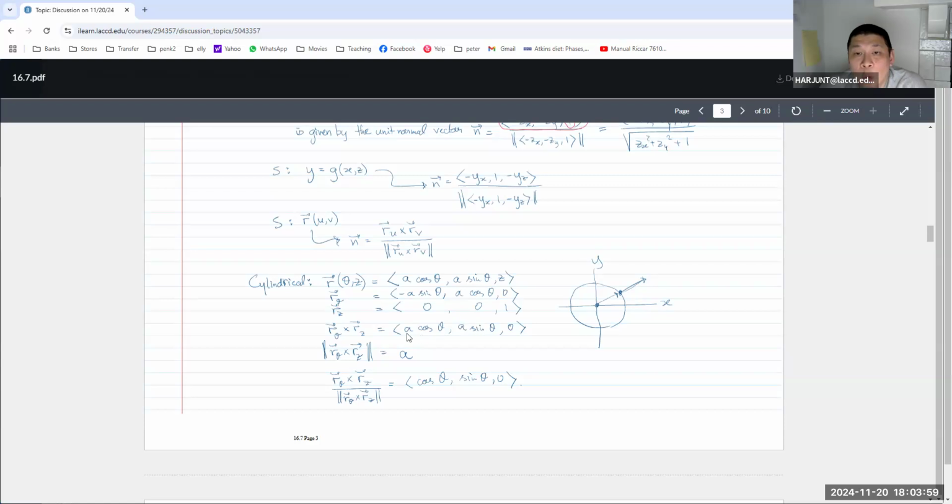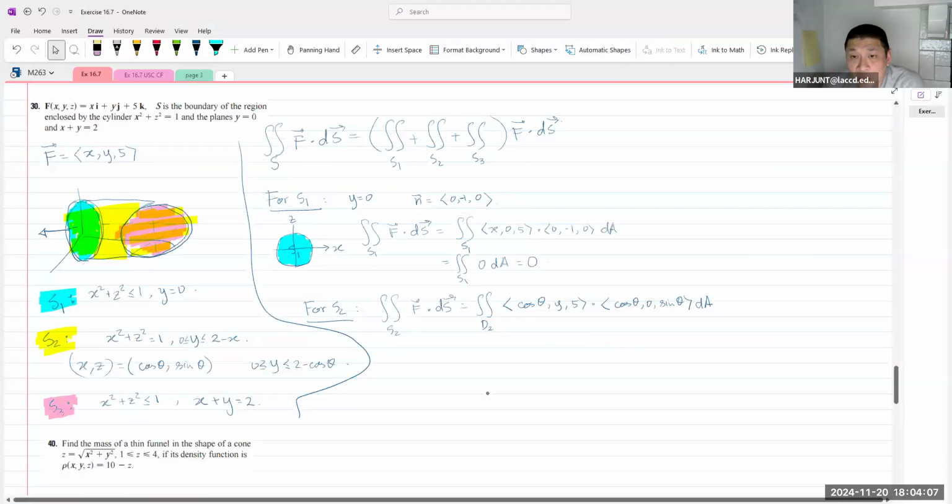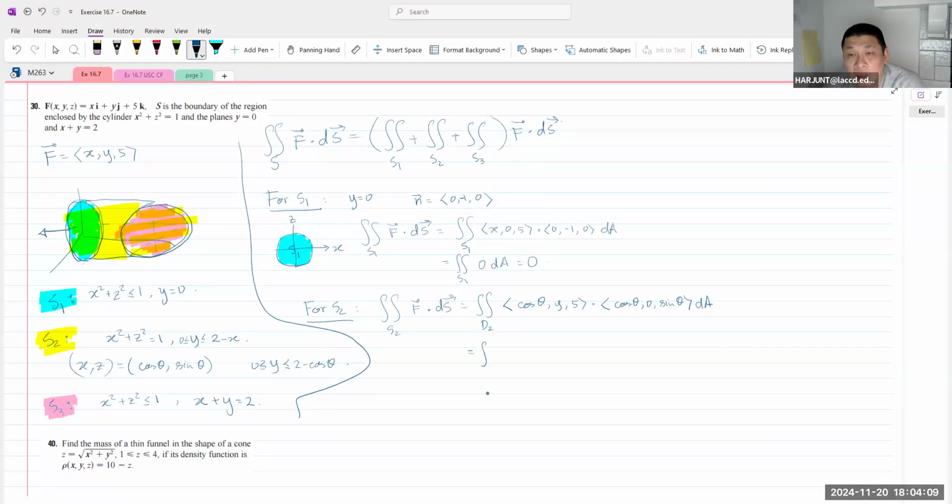The radius is 1, so a equals 1. So this will be the integral where theta goes from 0 to 2 pi and y goes from 0 to 2 minus cosine theta. The dot product will be cosine squared theta plus 0 plus 5 sine theta.